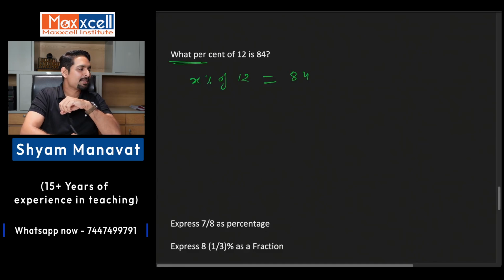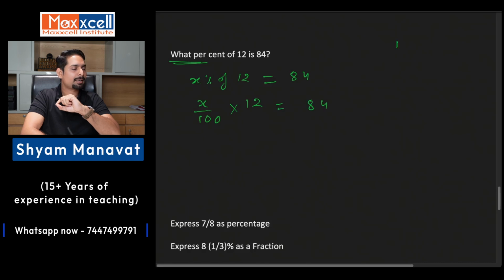Okay, so remove the percentage sign, divide by 100. I need to calculate the value of X. Of, in the BODMAS rule, of means multiply. 12 equal to 84. What is the BODMAS rule? I'm sure you are clear about that.